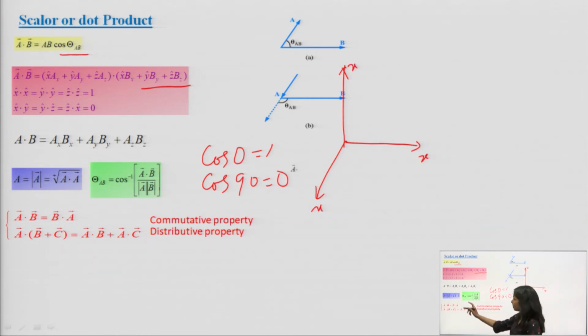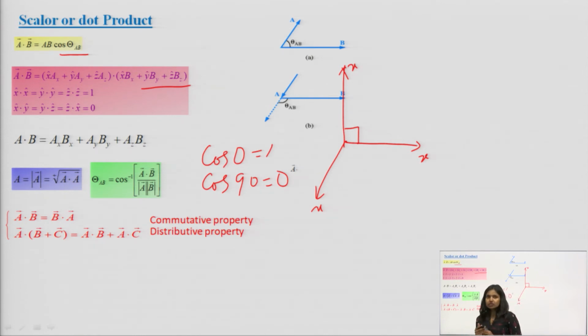So the angle between x and x is 0, so cos 0 is 1, that's why it comes to 1. Similar things happen with y and z also. However, x dot y or x dot z or y dot z will be equal to 0. Why? Because the angle between these two is 90 degrees and cos 90 degrees is equal to 0.